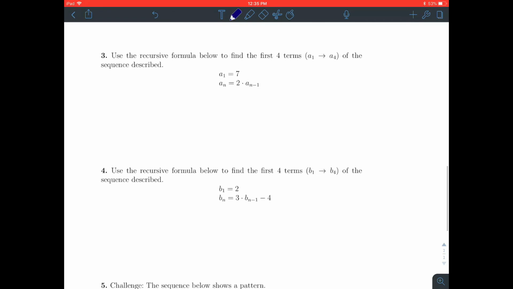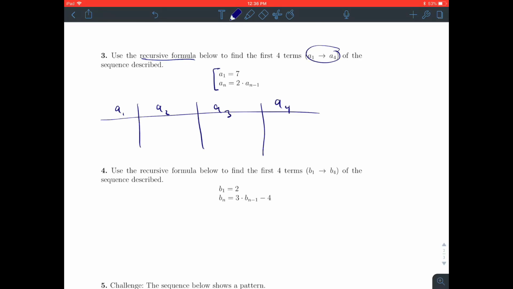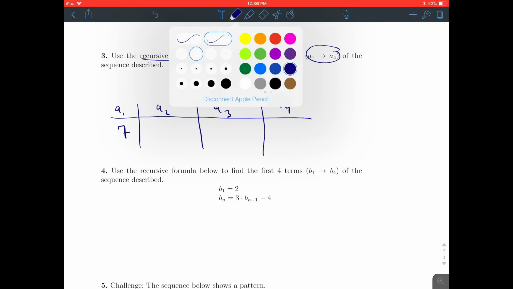Good luck. For problem 3, we're going to get practice where we're given the recursive formula, these two equations, and we need to generate the terms. So to find the terms A1, A2, A3, and A4, A1 is given to us for free. A1 equals 7. So we're done with A1.